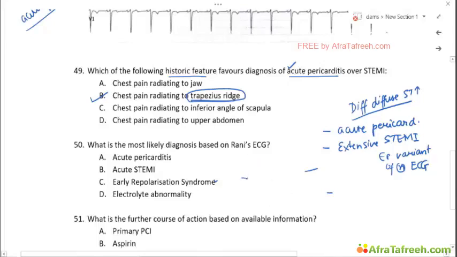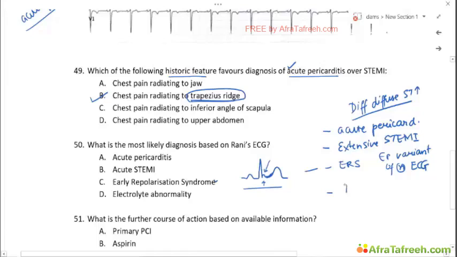Not a bad one. So if we see in the ECG, there would be a fish hooking. So usually at the end, we see a positive bleb followed by an ST elevation which is concave upwards, and followed by a T wave. So this is typical for an early repolarization syndrome.